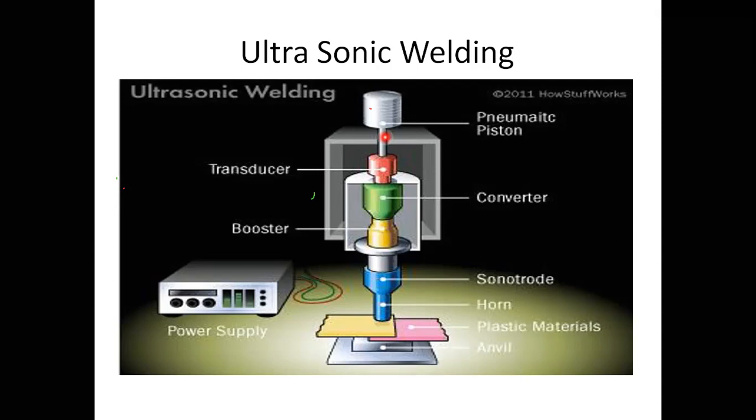And then the converter converts the vibration signal into a mechanical vibration. Then a booster amplifies the frequency. Then it is coming to the horn. Then the horn supplies the high frequency mechanical vibration to the welding plate where we want to weld.